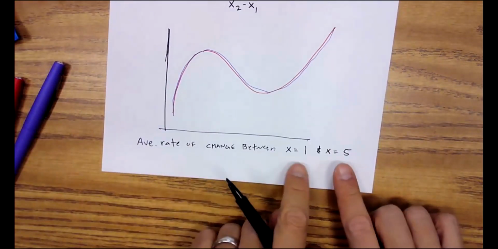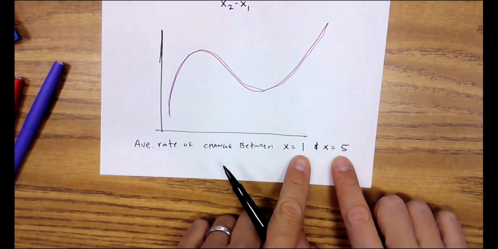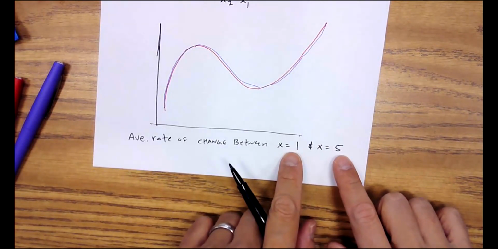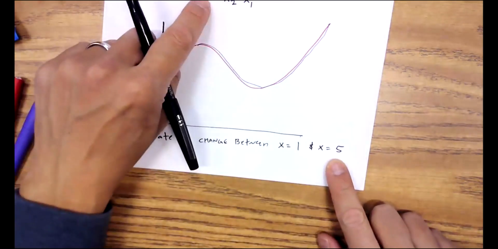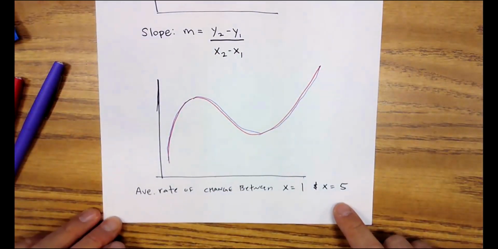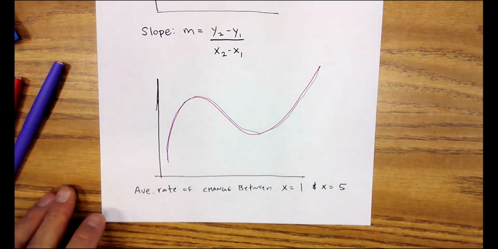Okay, so you're going to be given these x values, or you're going to have to figure out what the x values are, right? And then we're just going to plug it into this slope formula. Okay, that's the general notes for today.